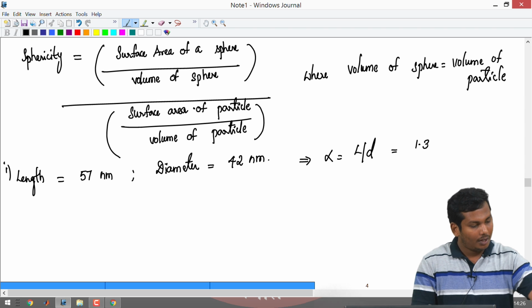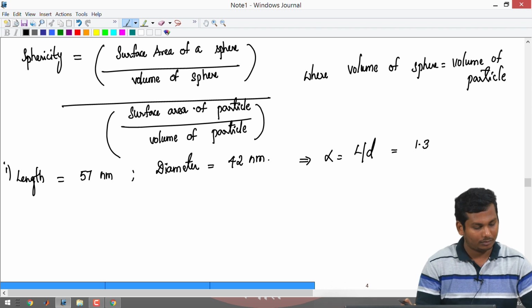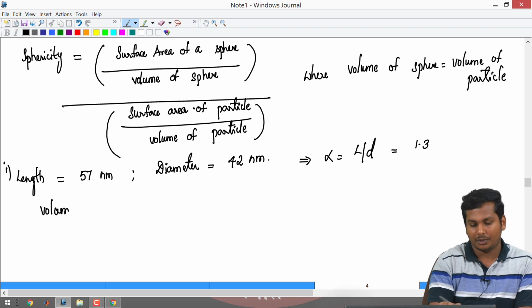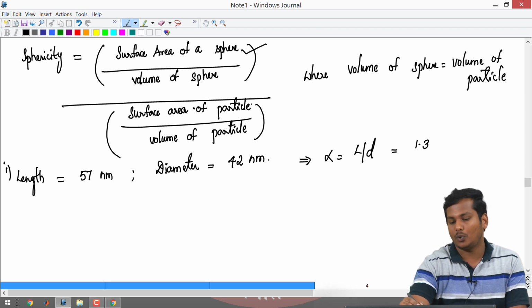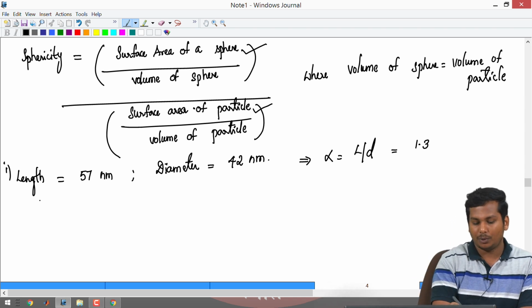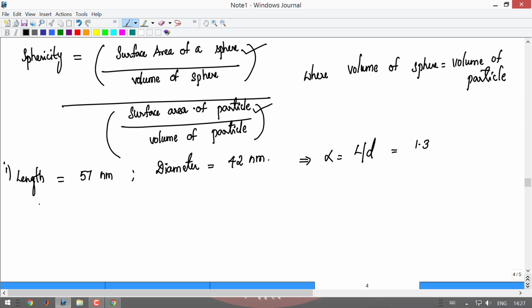So, to calculate sphericity we need the surface area of a sphere which has the same volume as the volume of the particle, and the surface area of the particle. So, first we will look at the expressions which will give us the surface area of the ellipsoids. Even before that we will look at the volume of the ellipsoid.